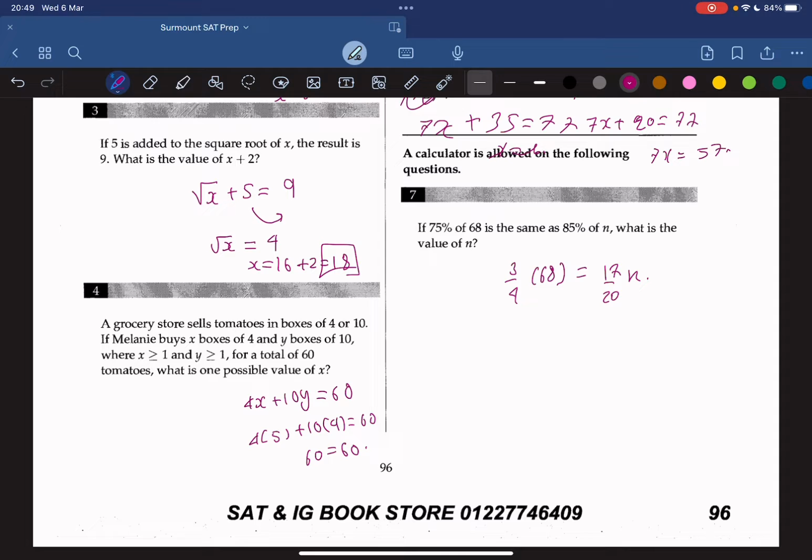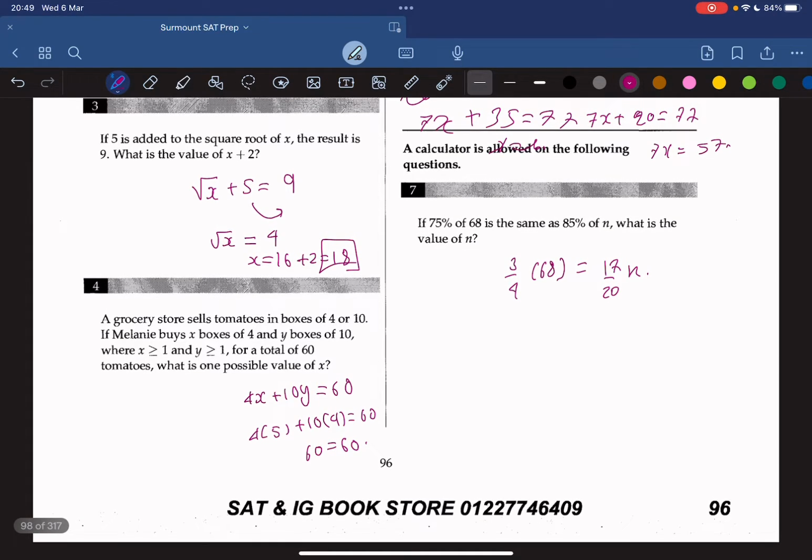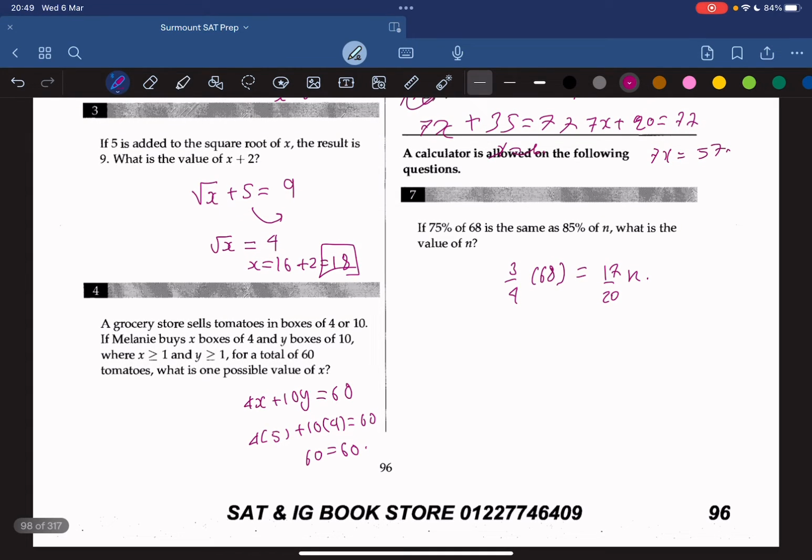So what we're doing here is finding the value of n. So again, we multiply 3/4 times 68, which will give us 51, is equal to 17/20 n. And now let's move 17/20 n to the other side. So we can just multiply by the reciprocal, 20/17, and that equals n. So n is equal to 60.